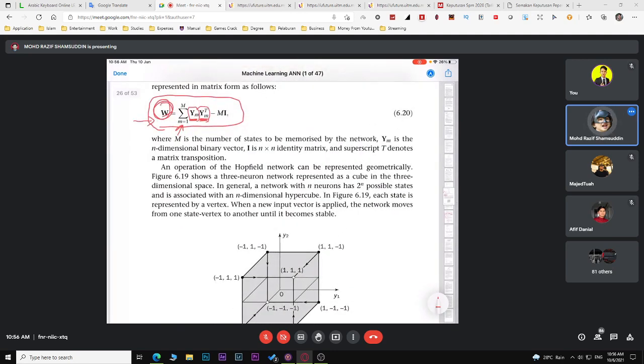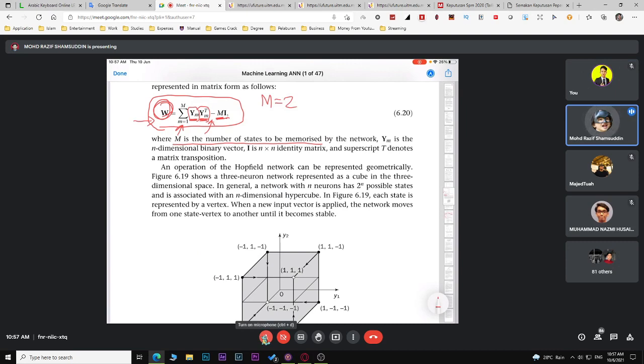So tak habis lagi ni. Minus M times I. Apa tu M? M tu dia dah cakap dah kat sini. M is the number of state to be memorized. So contoh kita ada berapa banyak state yang kita nak memorize? 2. So M dia sama dengan 2.